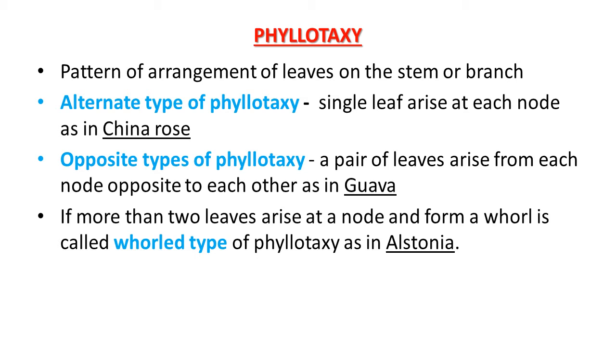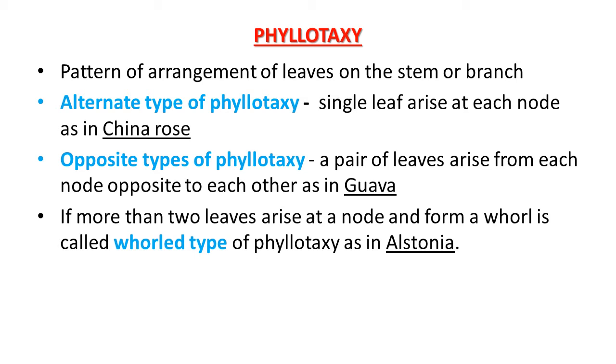First type, alternate type of phyllotaxy. As the name suggests, the leaves are alternately arranged. A single leaf arises at each node. Suppose at the right hand side node a leaf develops, then on the opposite side, the left hand side, then again right hand side, left hand side.